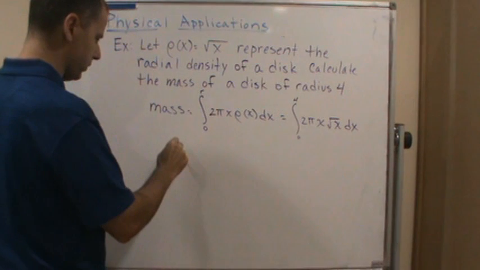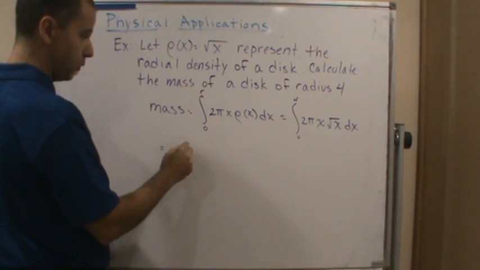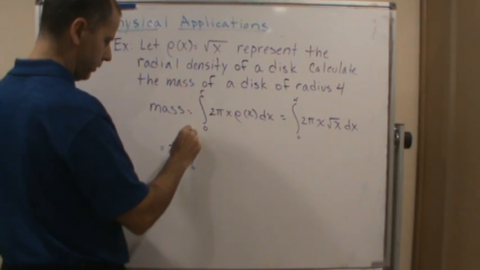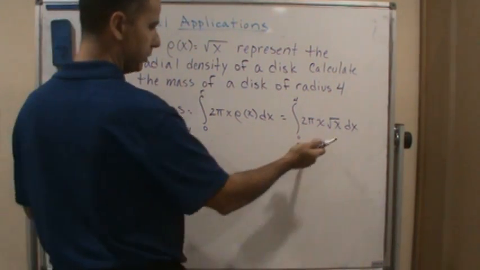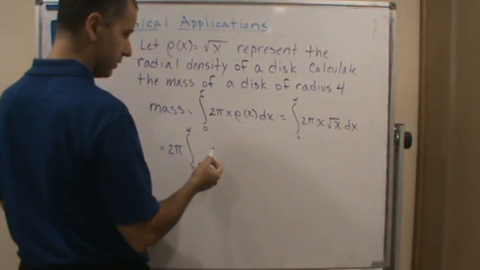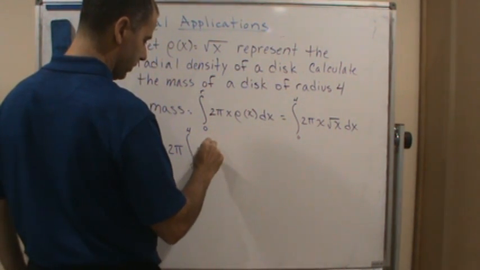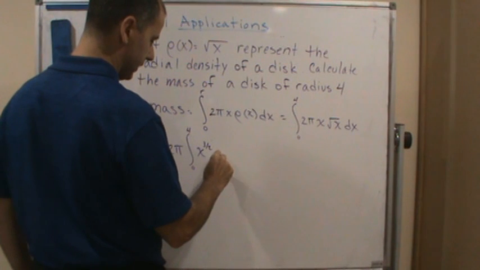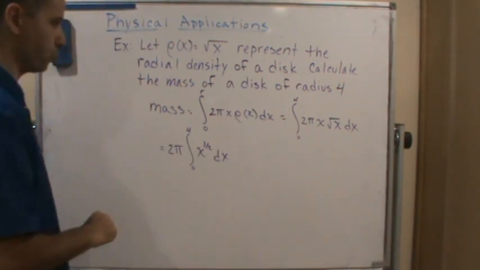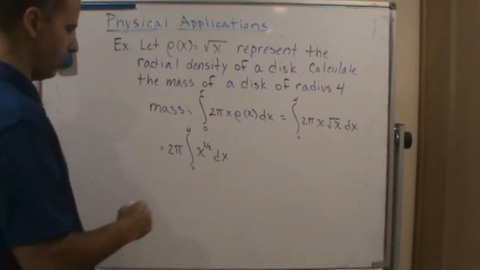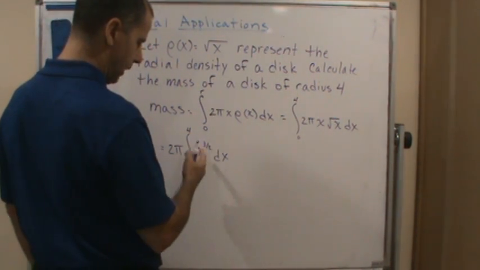dx. So now what I'm going to do is pull out the 2 pi. So 0 to 4. And now I'm just going to combine these two, and this is just going to become what? x to the 3 halves dx, right? And so now if I integrate, I'm going to increase the power and divide.